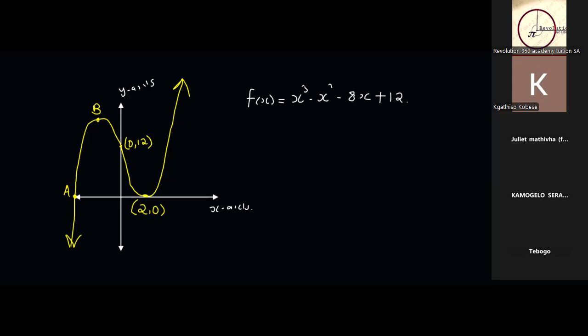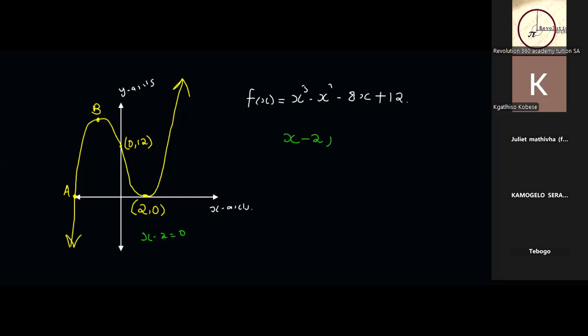Take into consideration that at least here, they're giving you one of your factors as 2, that represents the x-intercept. And then you understand that this 2 comes from x minus 2 equals 0. This basically means I'm going to use x minus 2 if I'm going to use the long division method, right?